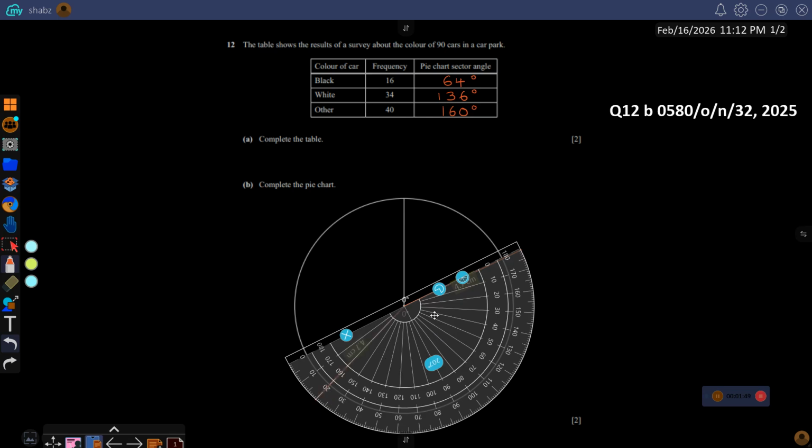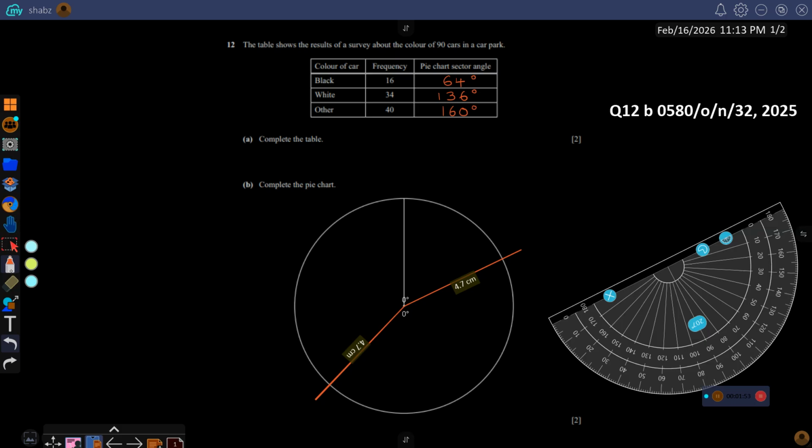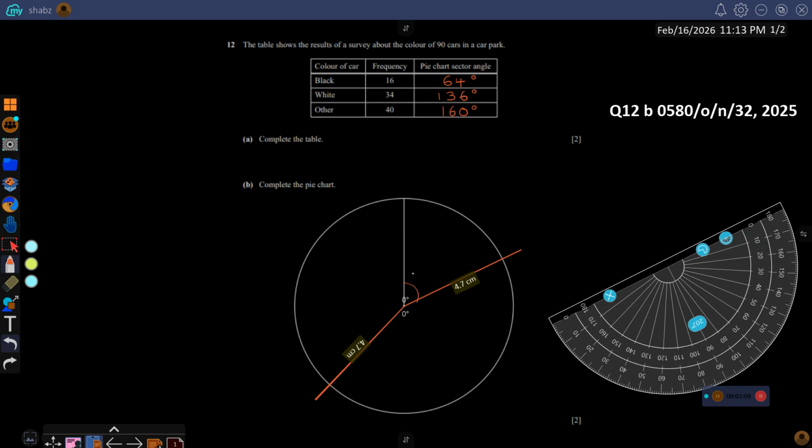This is 160. So now according to your marking, write the angles and also the color of the car, because the question is the table shows the results of the survey about the color of 90 cars in a car park. So this is angle 64. So here it is black.